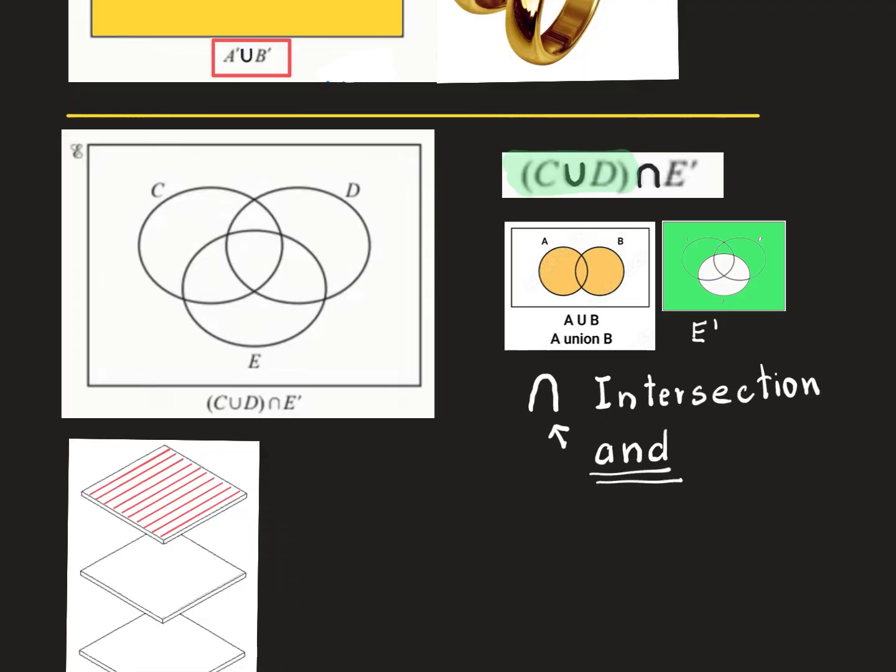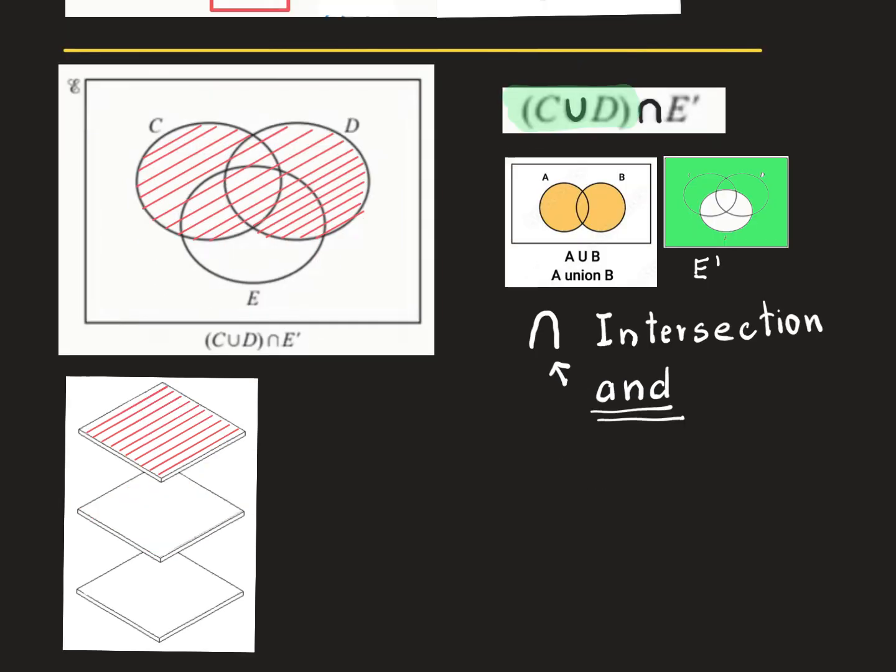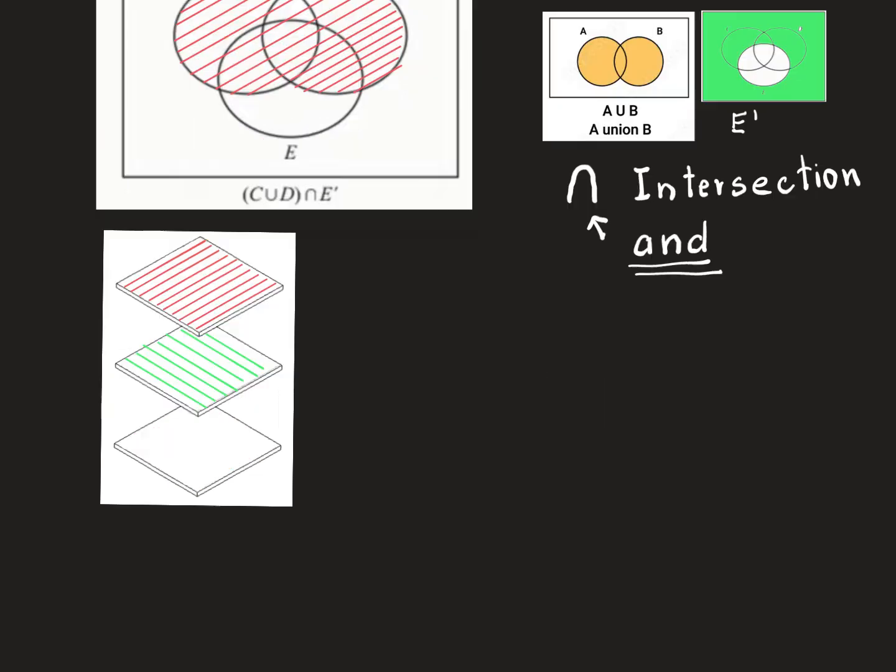The way that we'll do it is that we'll do a hatch like this for the union of C and D. That means we will have to hatch C and D. Now that we've hatched the union of C and D, we're going to hatch the complement of E, but we will do it in the opposite direction.